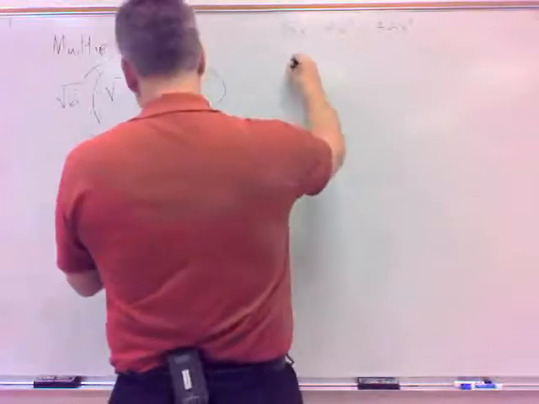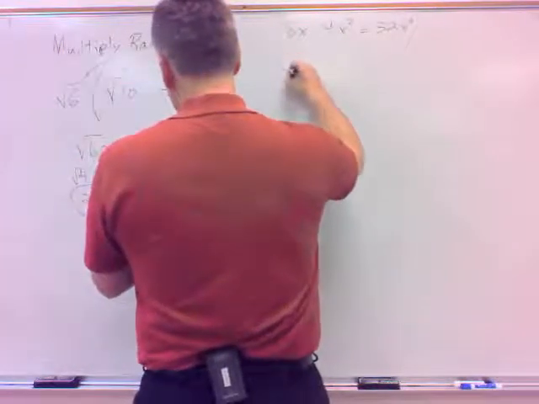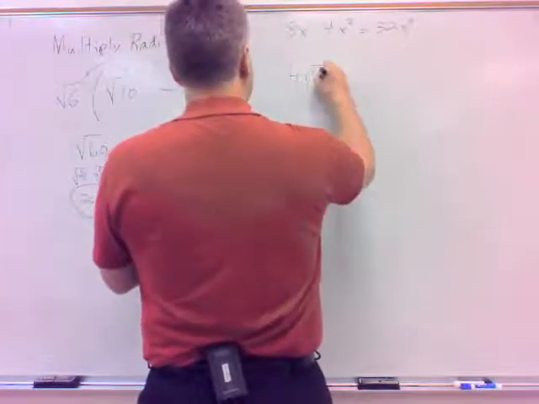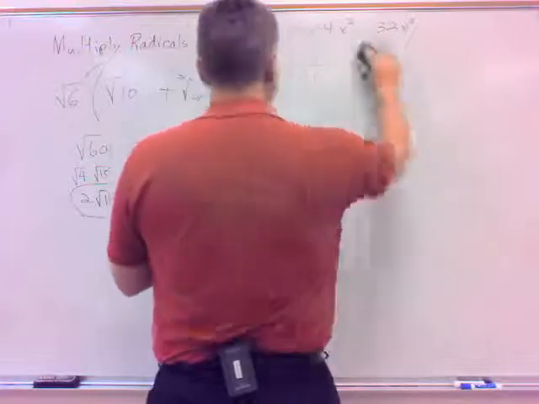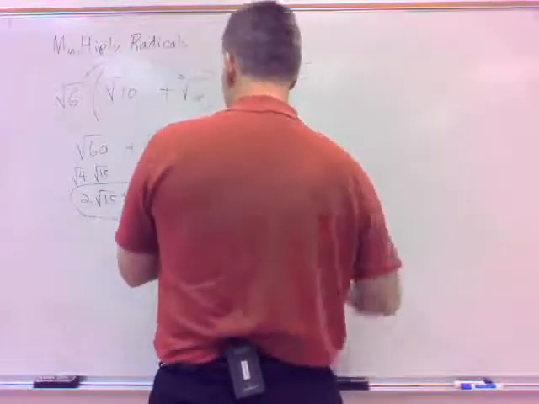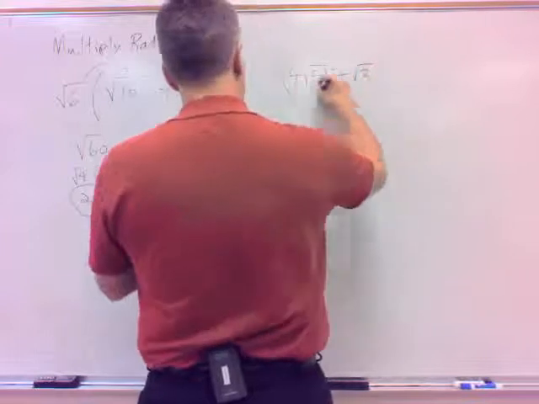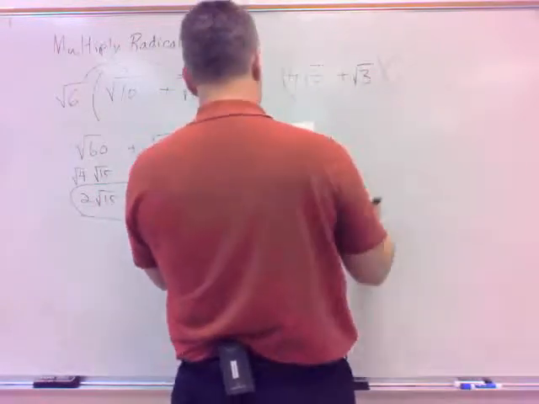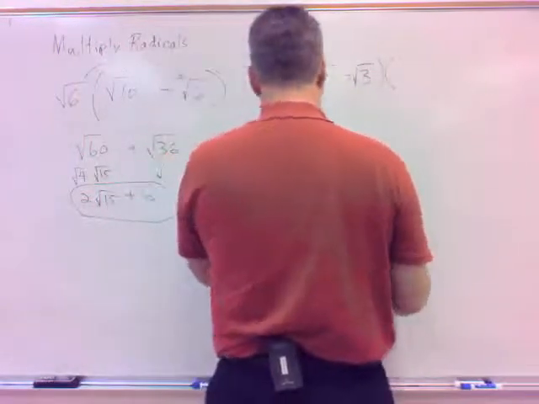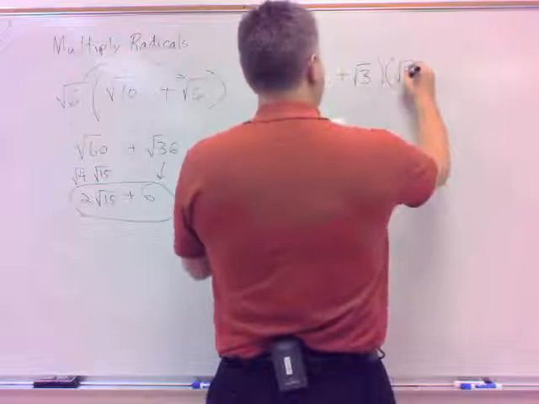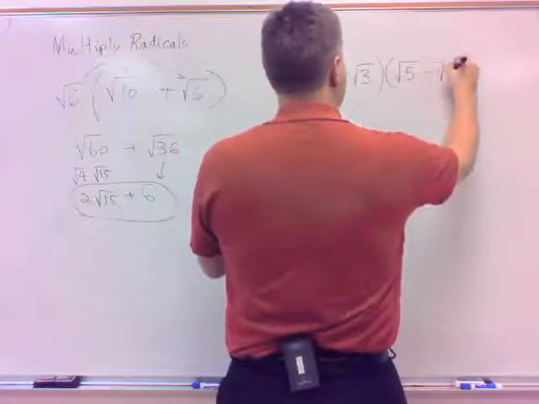All right, so let's say we've got 4 square root of 5 plus the square root of 3, times the square root of 5 minus the square root of 3.